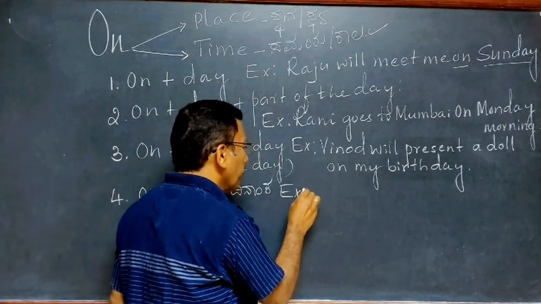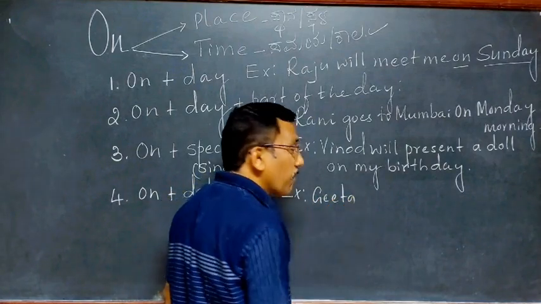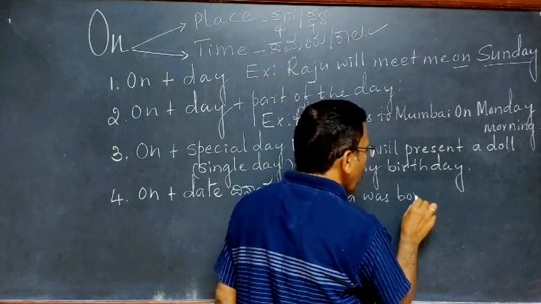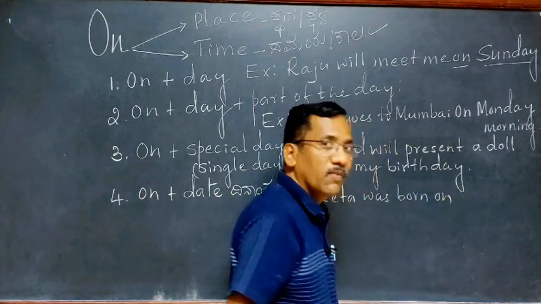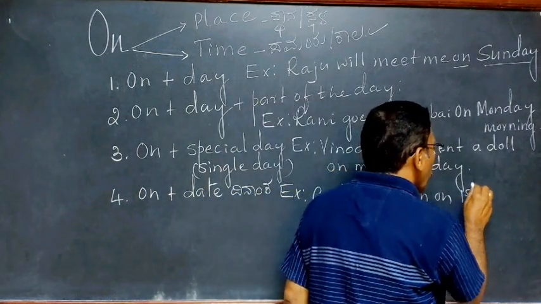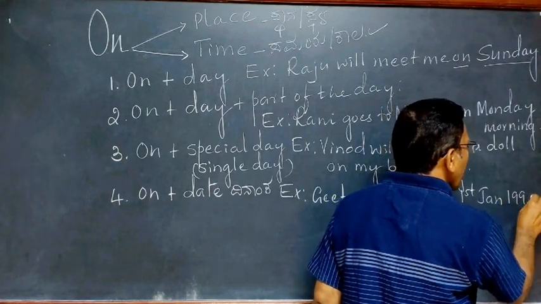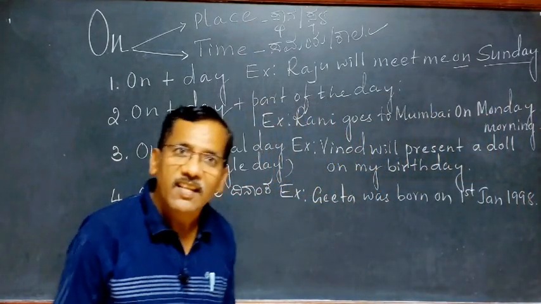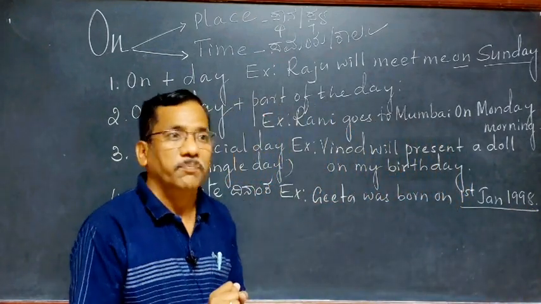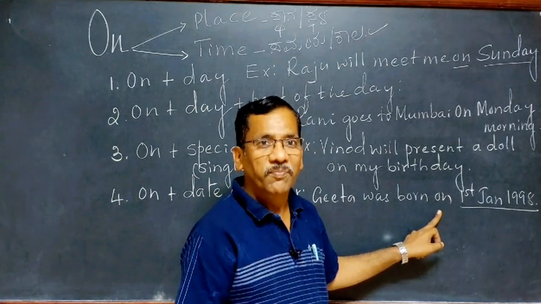For example, Geeta, my student, was born on January 1st or 1st January 1998. See here. 1st Jan 1998 is a date. Before date, we should use on.